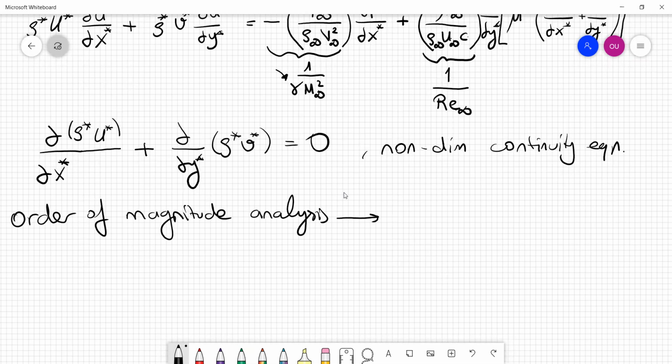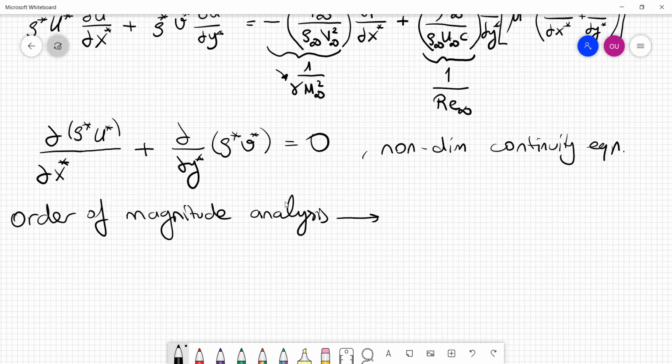It says, go look at each and every single term here. Take a look at rho star, u star and x star, and try to guess their order of magnitude. Do they have an order of magnitude of 1, or smaller, or larger? Okay, so that's what we mean by an order of magnitude analysis.